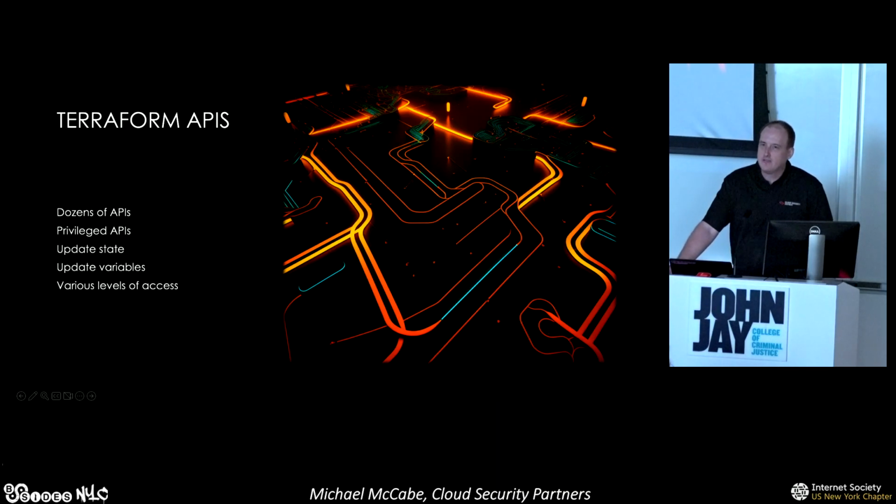I just always think, if someone could import all production RDSs into their state and then run Terraform destroy, the havoc that you could create with that. So these APIs are obviously pretty privileged. You can do things like manage state, you can do runs, you can do all kinds of things. So it's another attack surface within the Terraform ecosystem you have to think about.